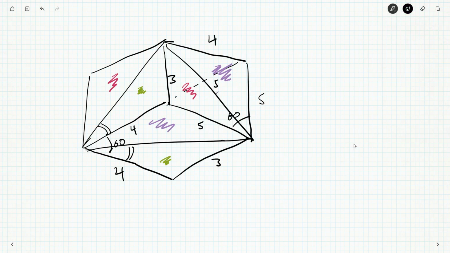Because of the 60 degrees, this angle here is the same as this angle here. And similarly, this angle will be the same as this angle because it's a full 60 degrees to go here. And this will be a 3, and this will be a 5.